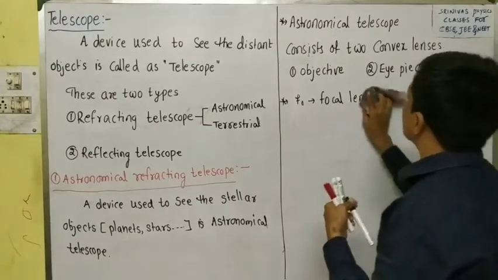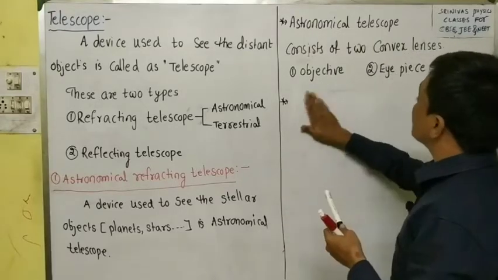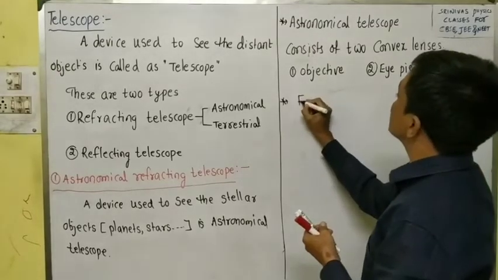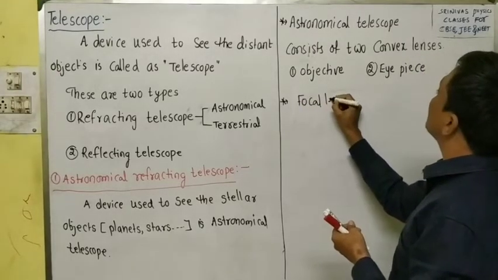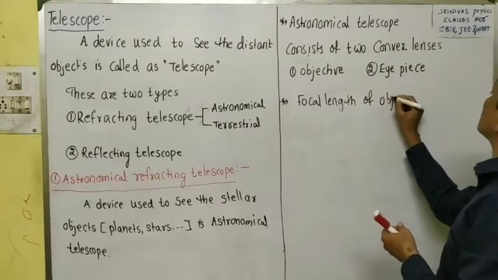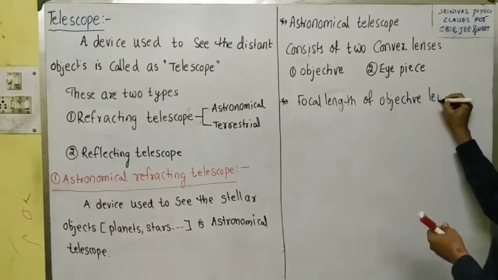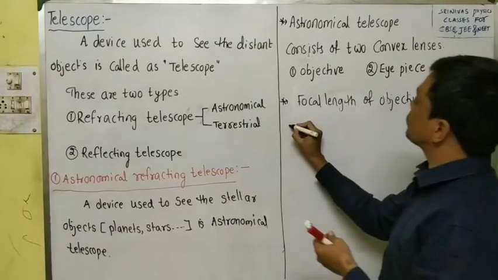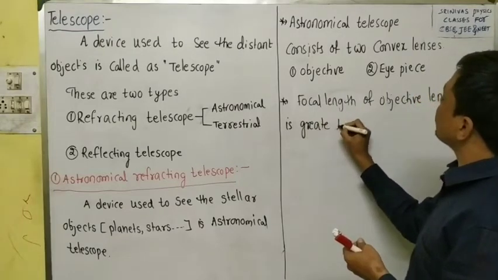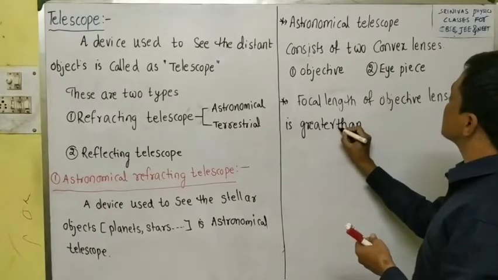You can write it in sentence form: we have to select the two lenses in such a way that the focal length of the objective lens is greater than the focal length of the eyepiece.